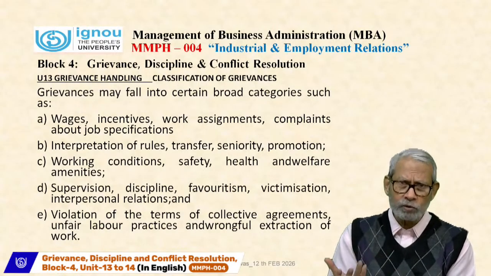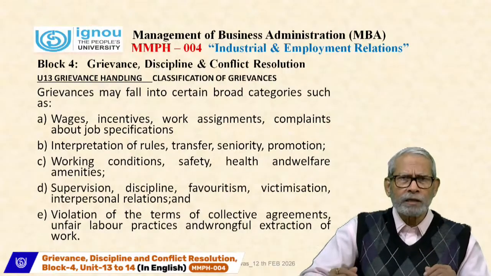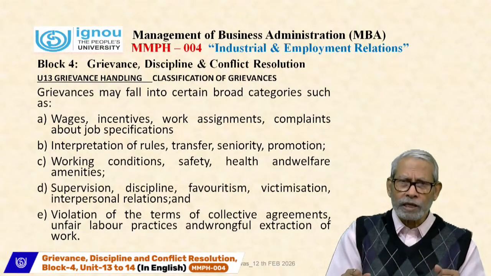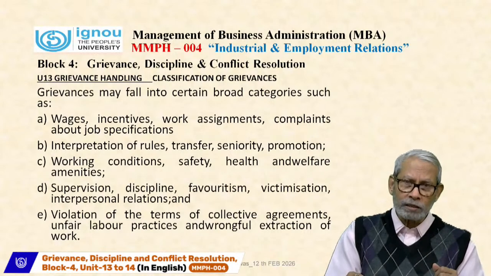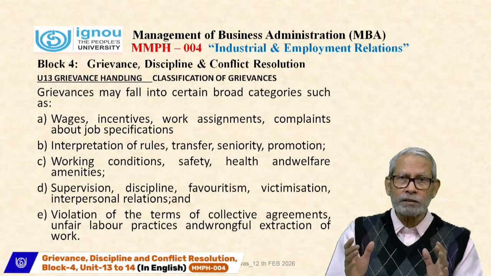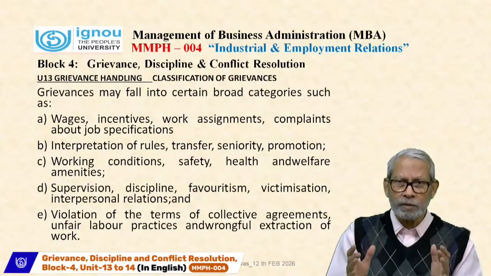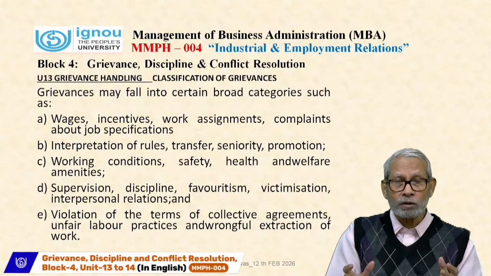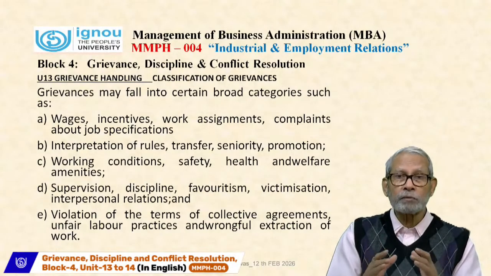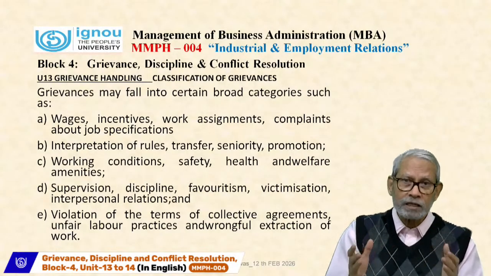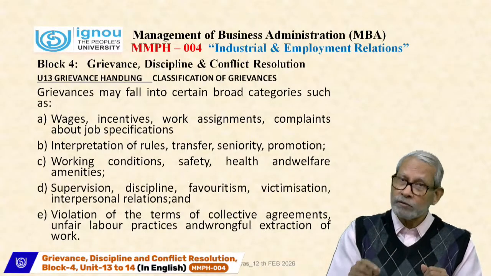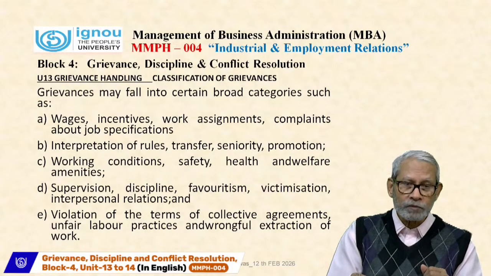Sometimes whatever the rules are there, there is a difference in meaning, not understanding clearly, interpreting in different ways, and the complaints are there. So at the time of policy making, you have to see whether what we are writing is understandable and acceptable by the unions and the employees or not. By discussion only you have to see, so that there should not be any ambiguities, especially language problems.